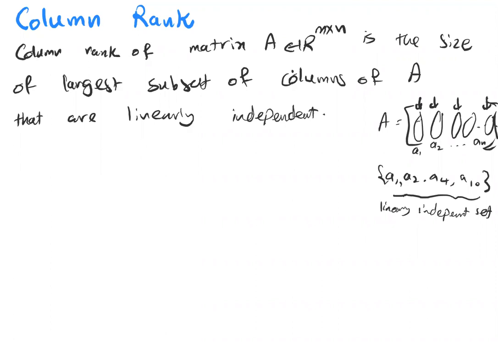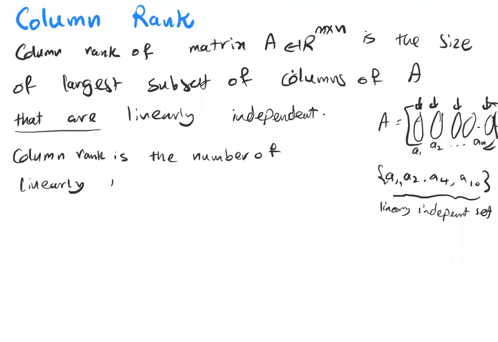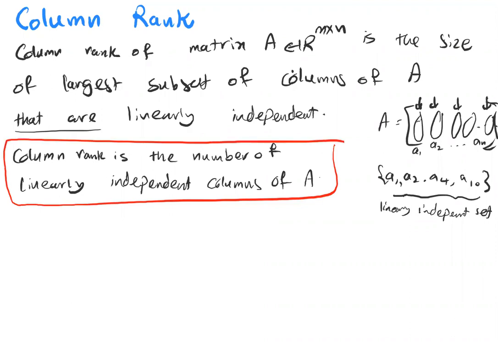So we can modify this definition a little bit and simply say column rank is the number of linearly independent columns of A. So this is a simpler definition.